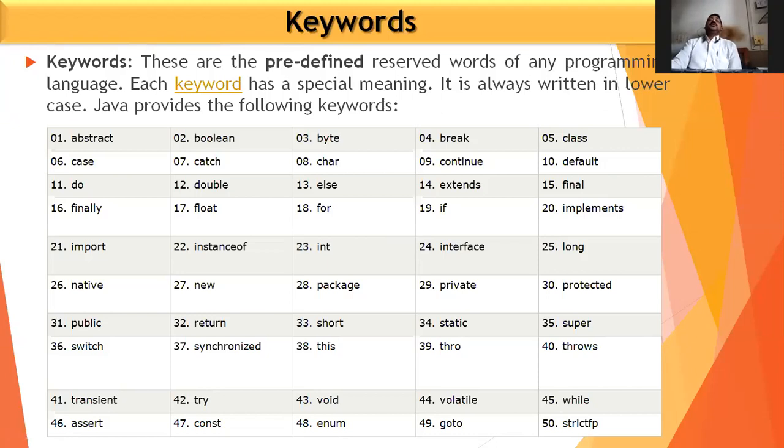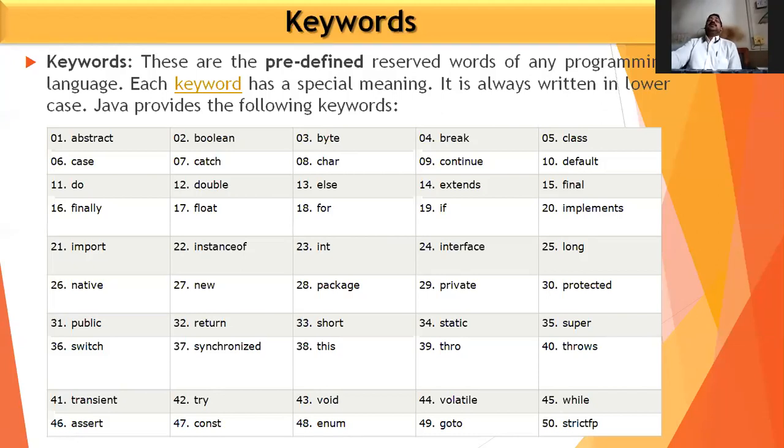Also, we can build web applications by using Java. So these keywords will help to build strong applications in Java in our day-to-day working. You can just keep in mind there are 50 keywords.